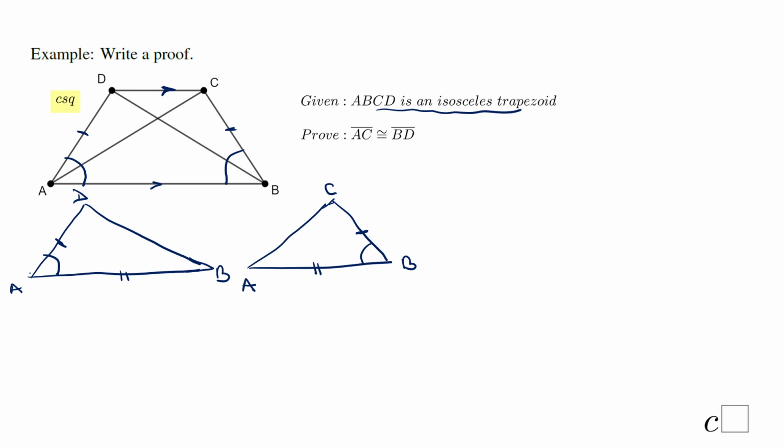They don't look it in my picture, unfortunately, by side angle side. So then we have the diagonals congruent because corresponding parts of congruent triangles are congruent. So that's the kind of rough draft.